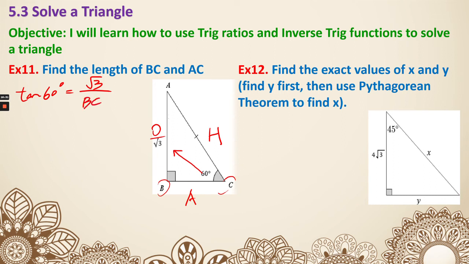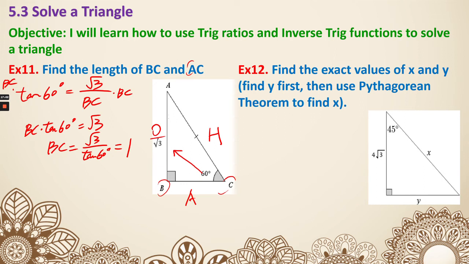I'm going to use just BC as the side. So multiply both sides by BC. I have BC times tangent 60 degrees equals square root of 3. So BC is going to be square root of 3 over tangent 60 degrees, which actually is going to be a 1. And that 1 is actually a very precise answer.